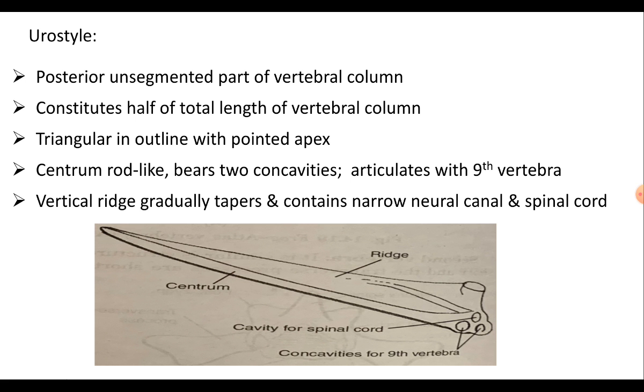The neural arches and the neural spines are joined by ligaments, and the spinal nerves make their exit through the intervertebral foramina, that is holes between the sides of the neural arches.